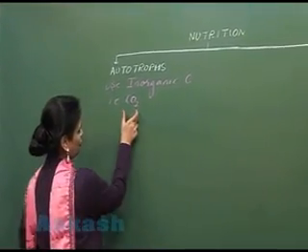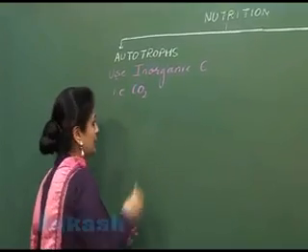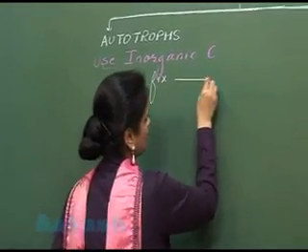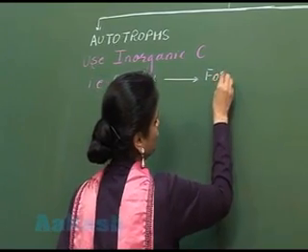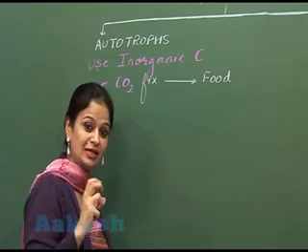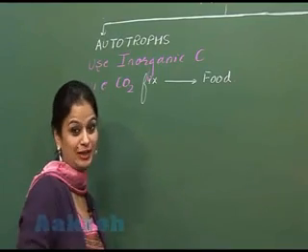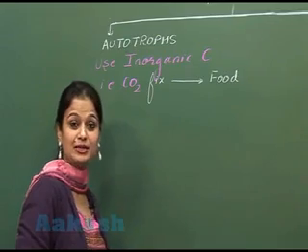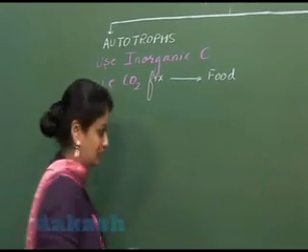Now the autotrophs, they fix carbon dioxide and this results in the production of food. Now for the fixation of carbon dioxide, there is requirement of energy.